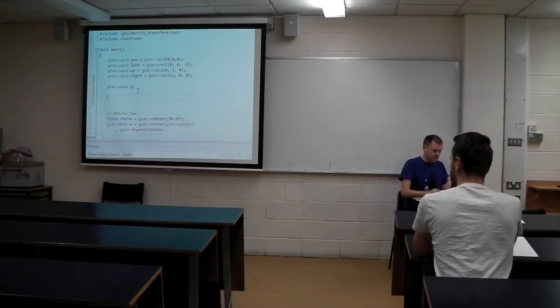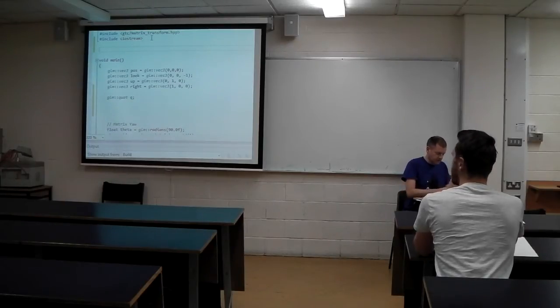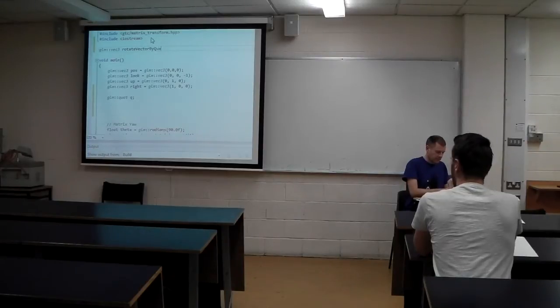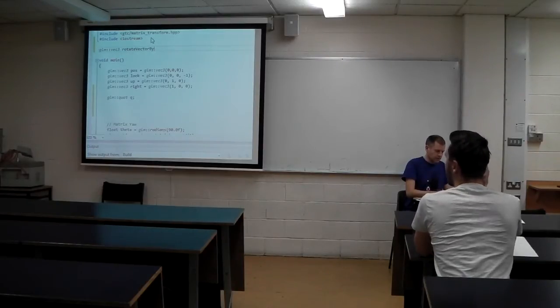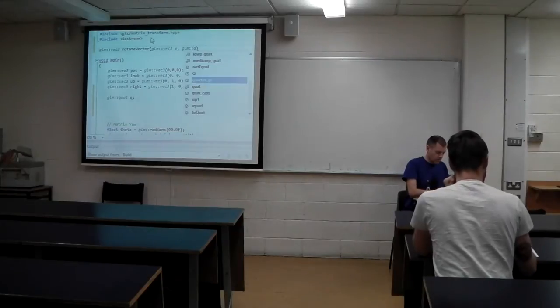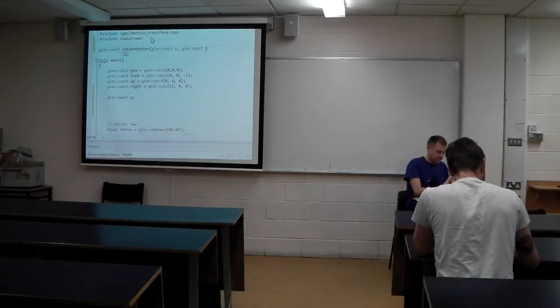So let's write a little function here to rotate a vector by a quaternion. Let's go GLM colon colon vec3 rotate vector. Yeah, let's just do rotate vector. Okay, so I'm going to pass in a GLM colon colon vec3 for the vector that I want to rotate, GLM vec3 v, and GLM colon colon quat q.